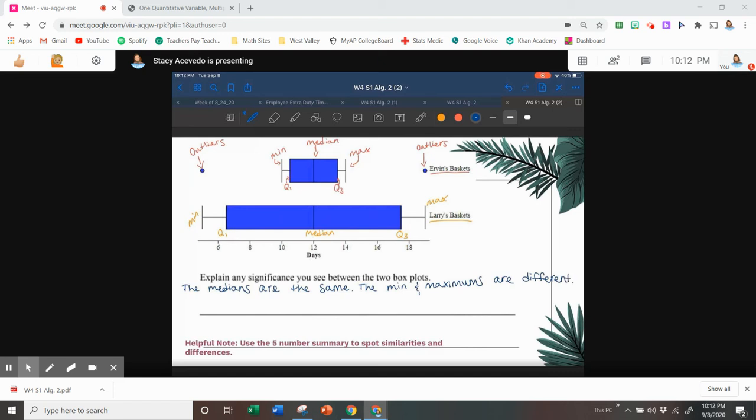But a couple slides ago, we thought the minimum and maximums might have been the same when we found the range. What we notice is Ervin has outliers. Those we thought were the minimum and maximum for Ervin. Ervin has outliers, and Larry doesn't.